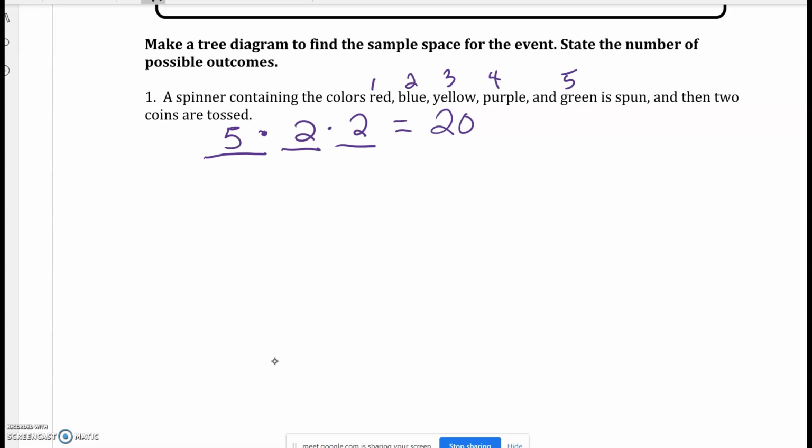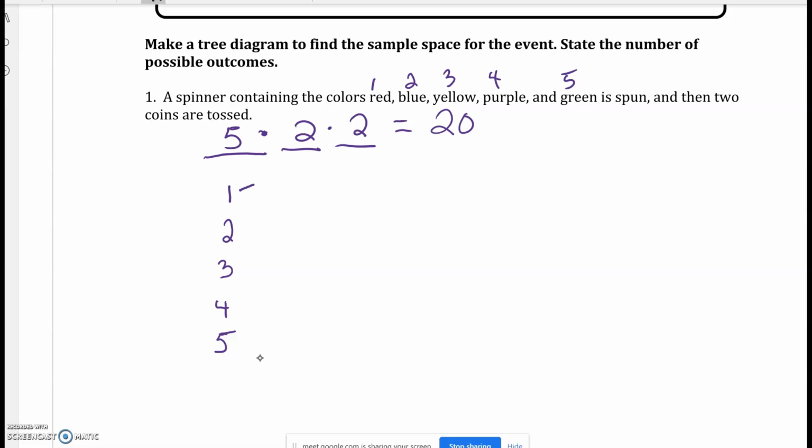So for a tree diagram, there's any number of ways to do that. Let's do the spinner. Let's just do a simple 1, 2, 3, 4, 5. I might not have enough space. Well, yeah, I can.